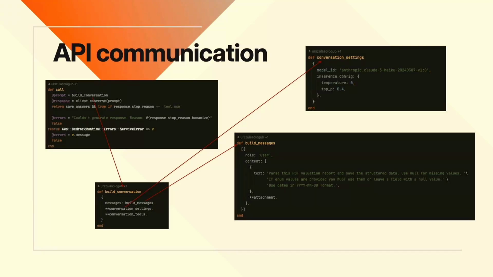The build messages method is another simple thing. I am just going to make a very general prompt to the AI. I said to parse this PDF and save the structured data, and use null values for missing values. If unknown values are provided, you must use them or leave the field with a null value.